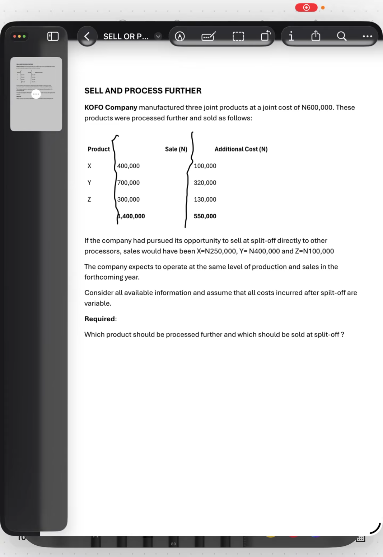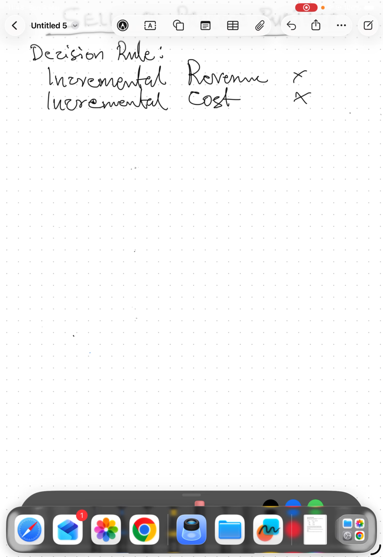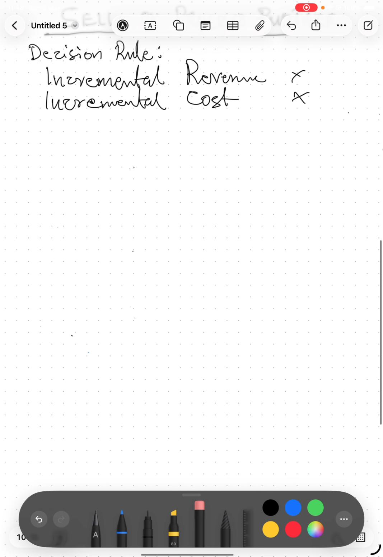So let's look at the 3 products. Solution. X, Y, Z. So decision rule says, what is your incremental? Pardon me to shift this so that I can have some space.